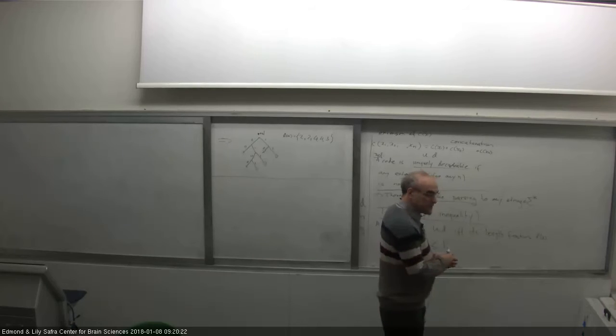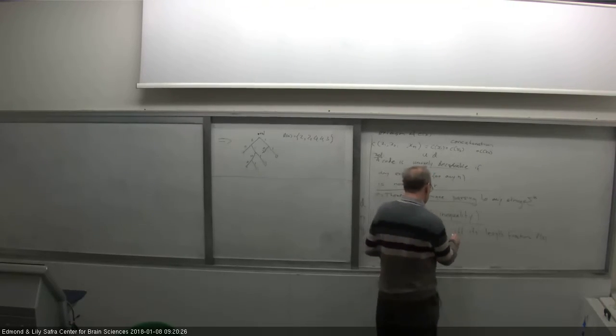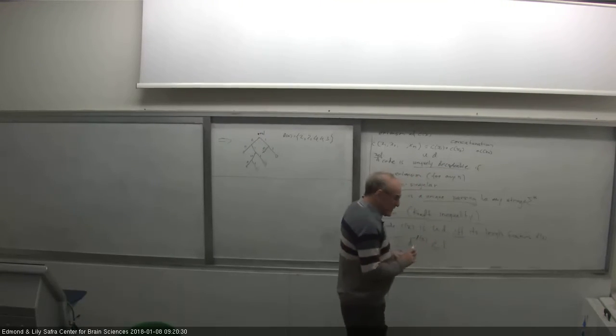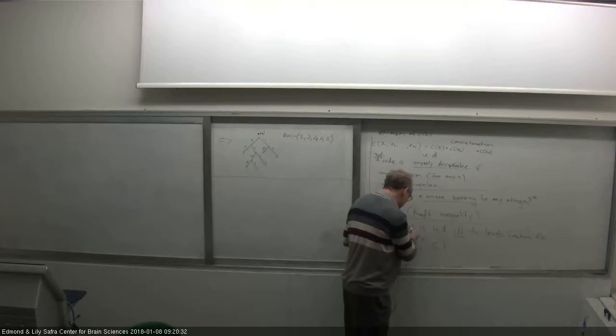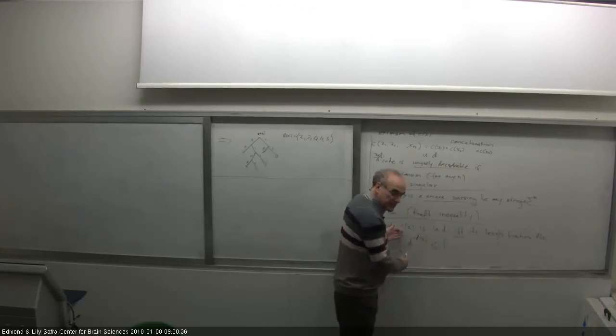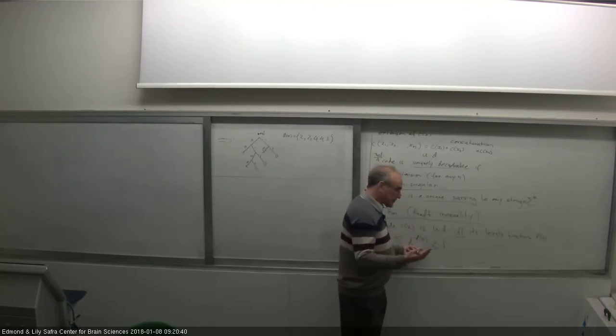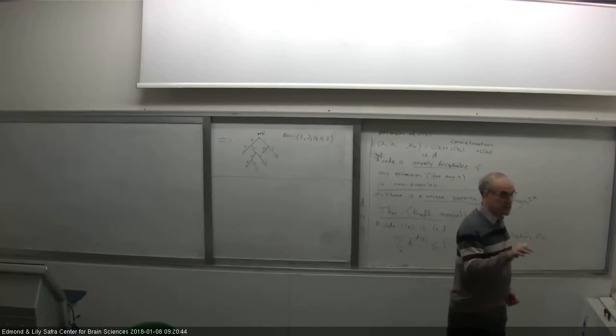But you defined it through C. No. The if and only if here is a bit tricky. I have to specify it more carefully. If C is a uniquely decodable code, then it has a length function, and its length function must obey the Kraft inequality. Now, if you give me a length function which obeys the Kraft inequality, I can find at least one uniquely decodable code with this length function.